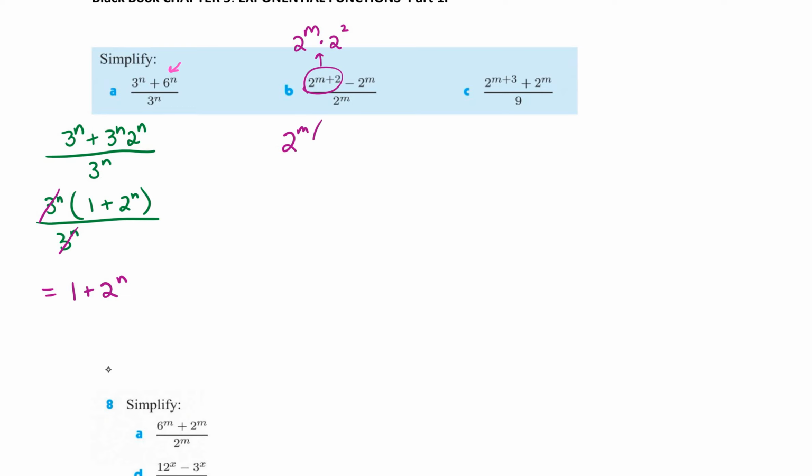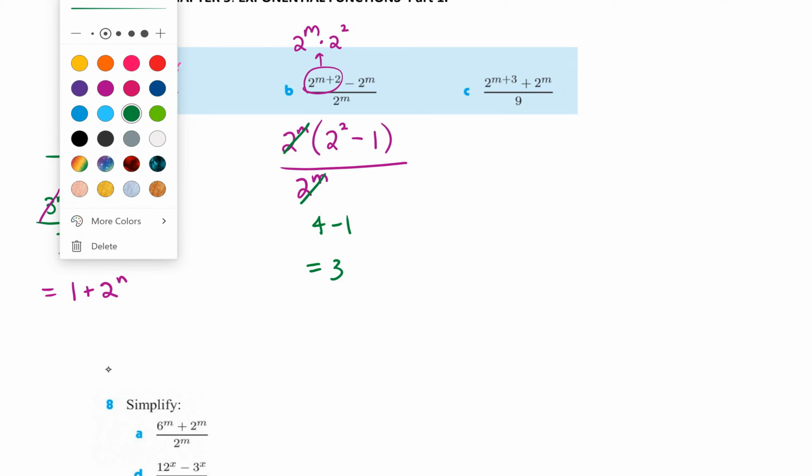So we can take out a 2 to the m. That leaves us with a 2 squared minus 1 in the numerator over a 2 to the m. Our 2 to the m's can cancel out, and that gives us 4, because that's 2 squared, minus 1, or 3. So 3 is our simplified answer.